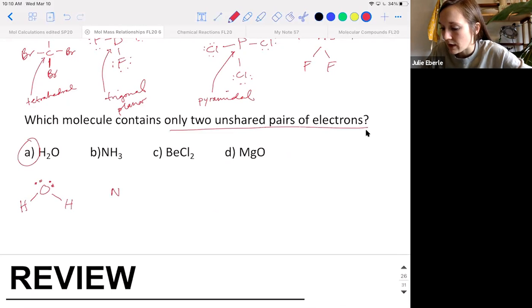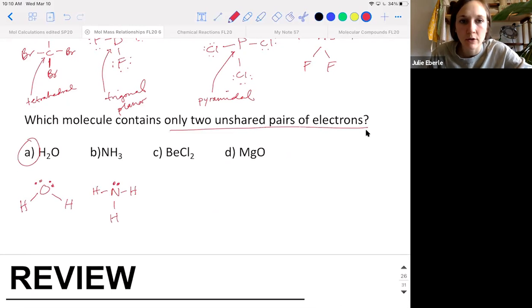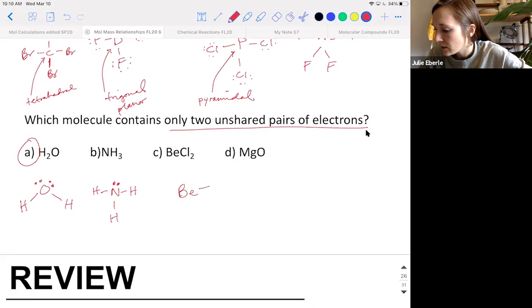What about B? We've got nitrogen with 3 hydrogens attached, and then we've got a lone pair. This does have a lone pair, but it's only 1 unshared pair. And then you've got BeCl2, beryllium and Cl.